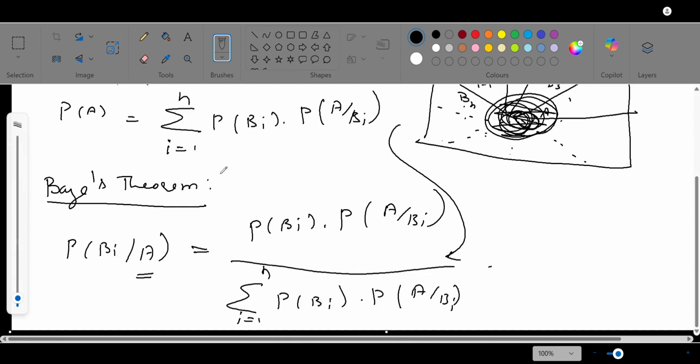Now we have to find the probability that the defective bolt which is taken came from the first machine. For that you can apply the Bayes theorem.